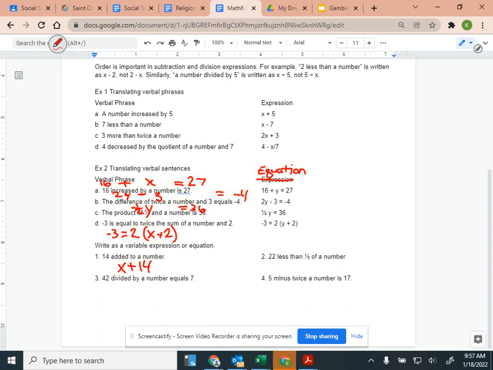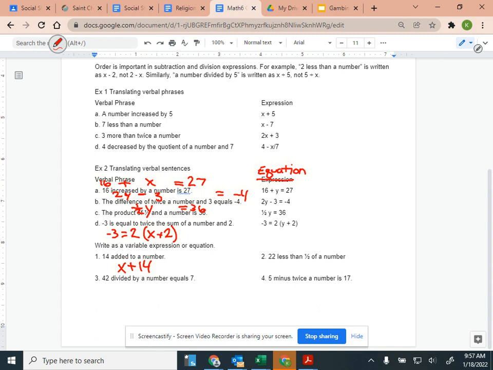Look at number 2. 22 less than half of a number. What is that going to look like? Nick? 22 minus 1/2. Well, 22 over 1 minus 1/2.